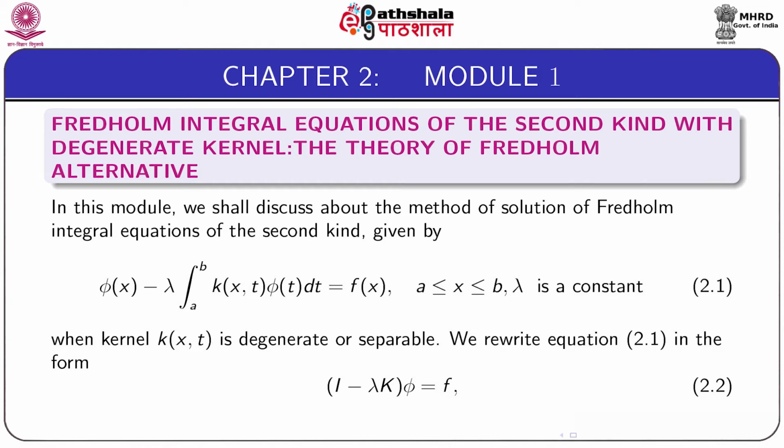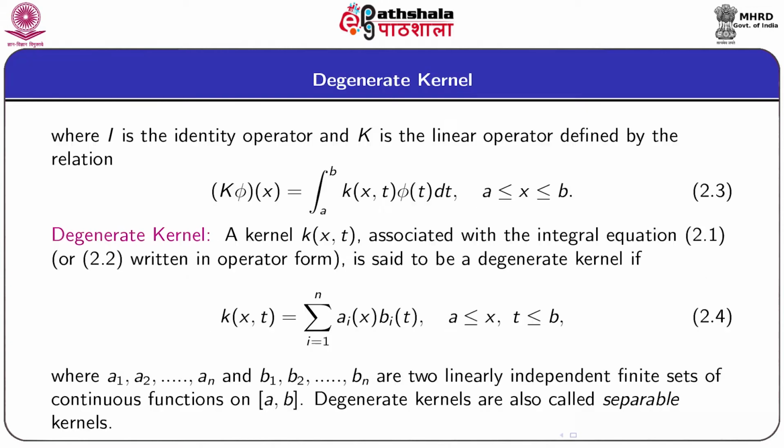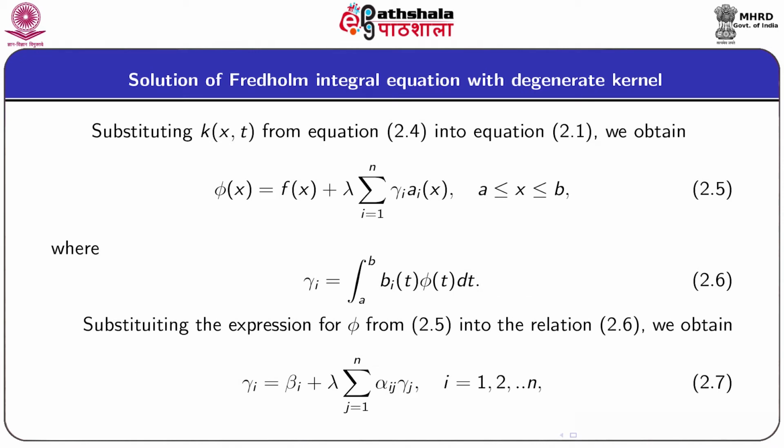We now interchange the summation and integration, and this is possible because the functions involved are continuous. Doing this, we can write phi(x) in the form as given by equation 2.5, where gamma_i is given by the integral 2.6 and gamma_i involves the unknown function phi(t), so it is unknown.